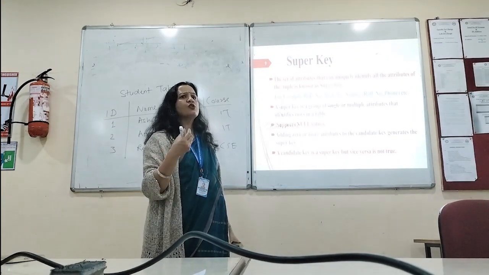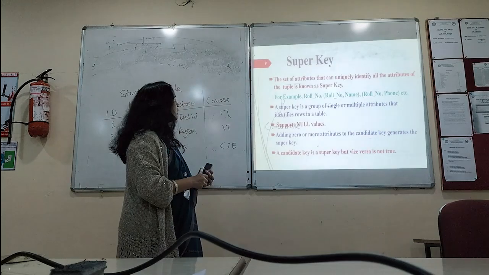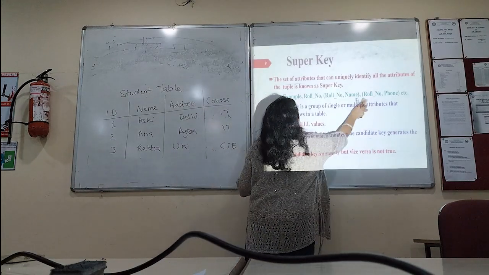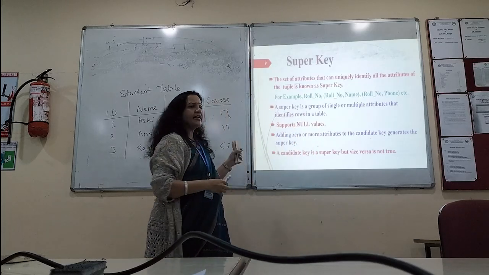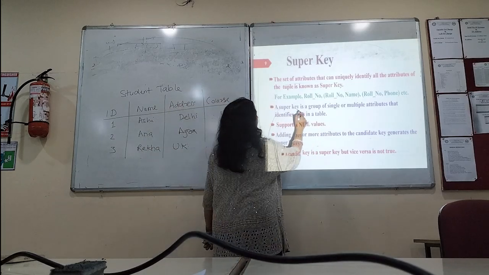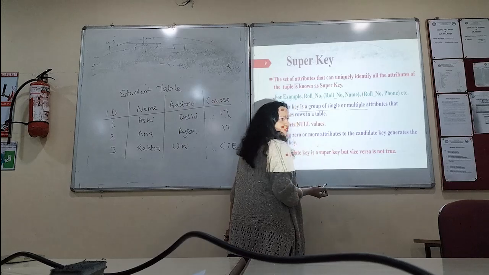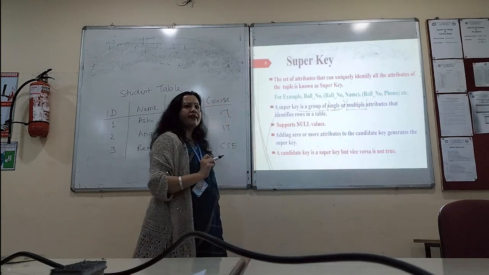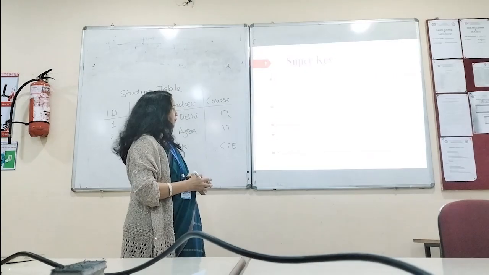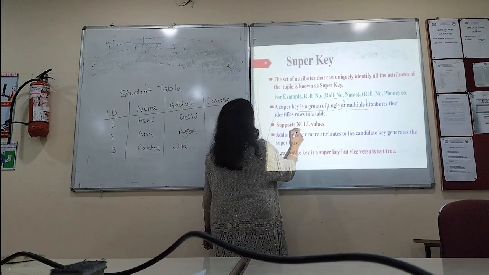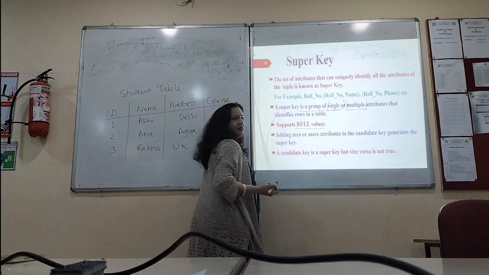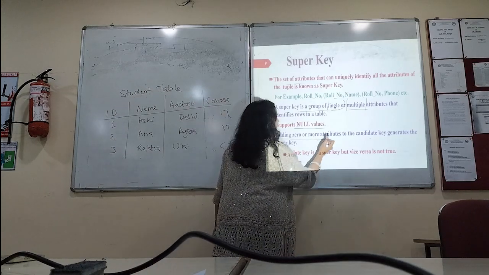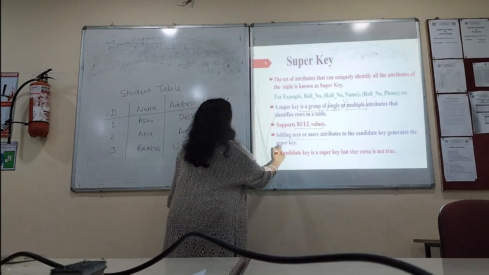We can have multiple super keys for a table, right? A super key is a group of single or multiple attributes that identifies the rows uniquely. Another thing about super key is that it supports null values also. Adding zero or more attributes to the candidate key generates a super key.